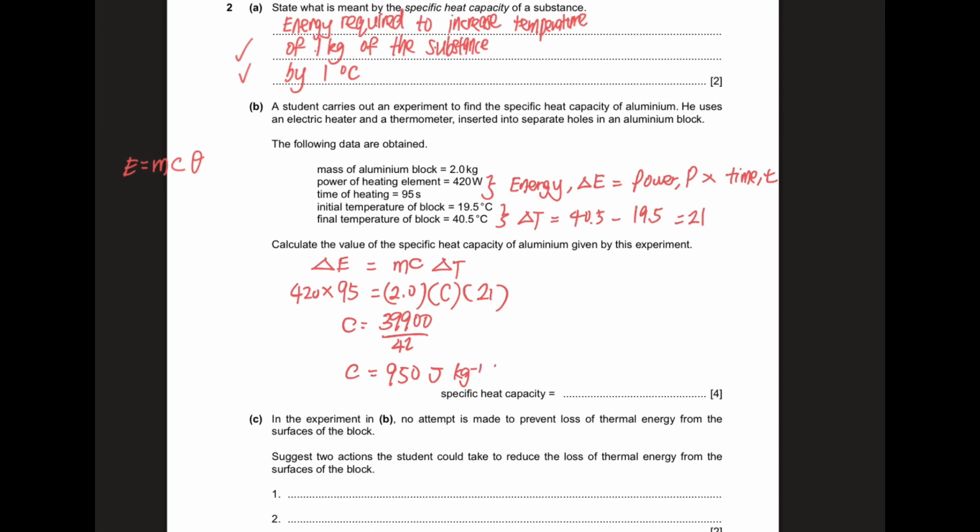Joule kg -1 degree Celsius -1. If you don't want this way, you can also put joule per kg degree Celsius. This is the second way to express the unit. So 950 joule kg -1 degree Celsius -1. That is how we use the specific heat capacity formula.